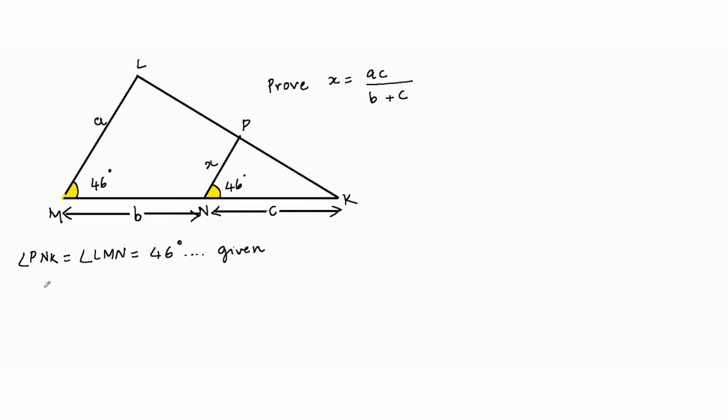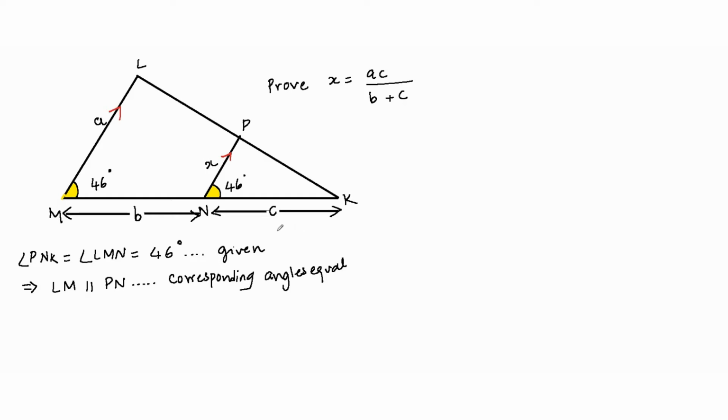And because these are corresponding angles and they are equal, this implies LM is parallel to PN. The reason is corresponding angles are equal.